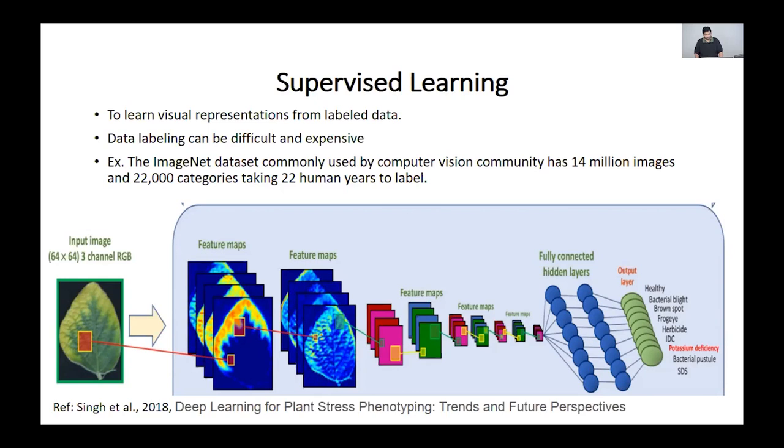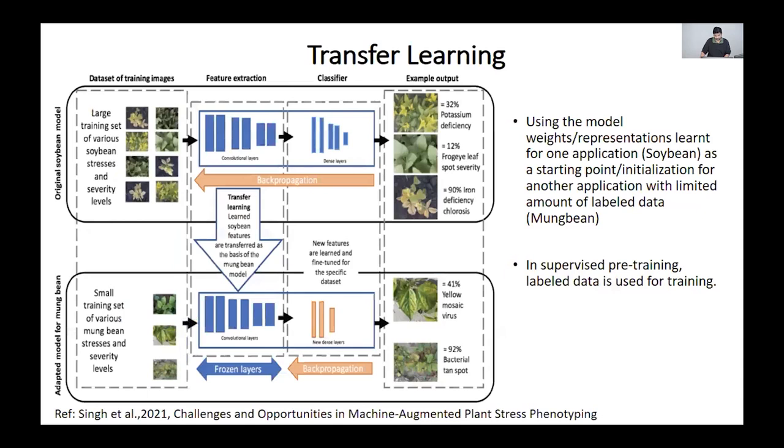In this image, you are seeing potassium deficiency of soybean disease being classified into one of the 9 classes. To train this deep learning model, a labeled dataset was used. And manual annotation for plant domain is especially challenging because we need domain experts.